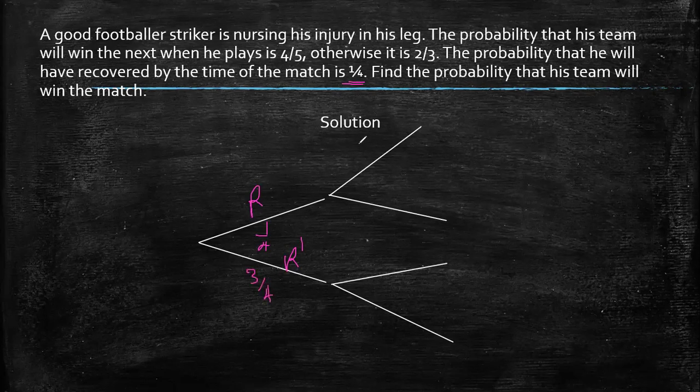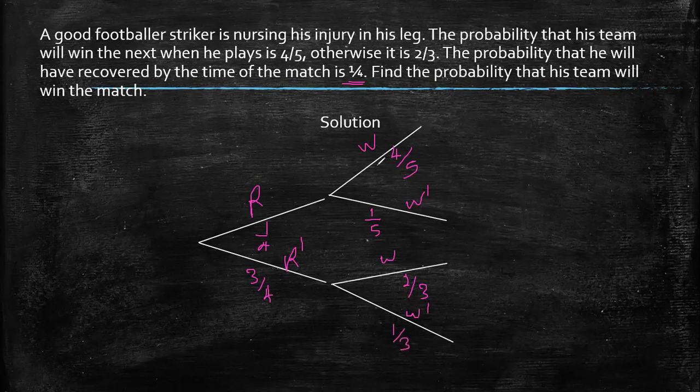If he has recovered, the probability that his team will win is 4 out of 5 if he plays, and its opposite will be 1 out of 5. Otherwise, if he doesn't play, it will be 2 out of 3 for the team winning, and the team not winning will be 1 out of 3.